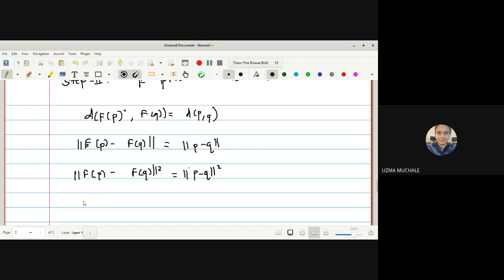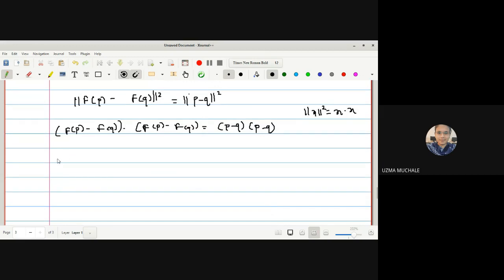Correct? Now with the help of a dot product property, the norm squared of x is nothing but x dot x. So by this definition, I can write this as F(P) minus F(Q) dot F(P) minus F(Q) is equal to P minus Q dot P minus Q. Now if I evaluate the dot product, what do I get?